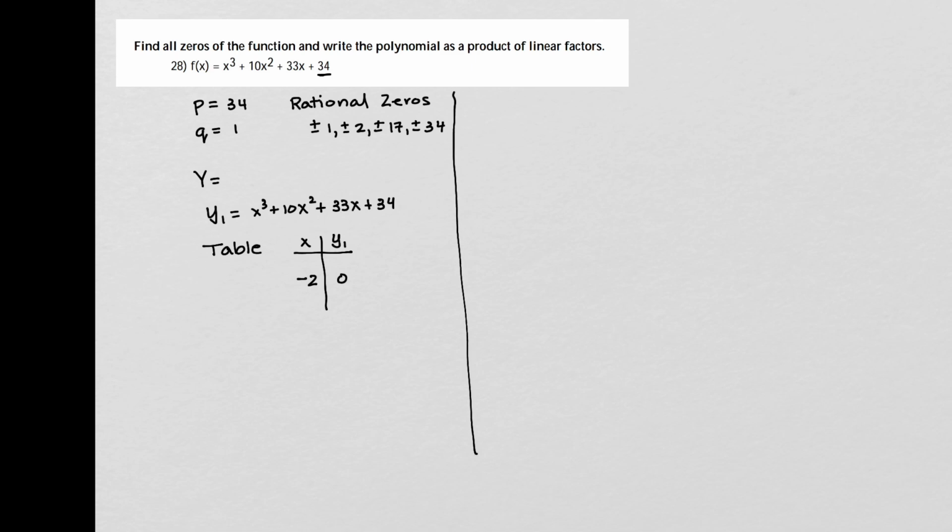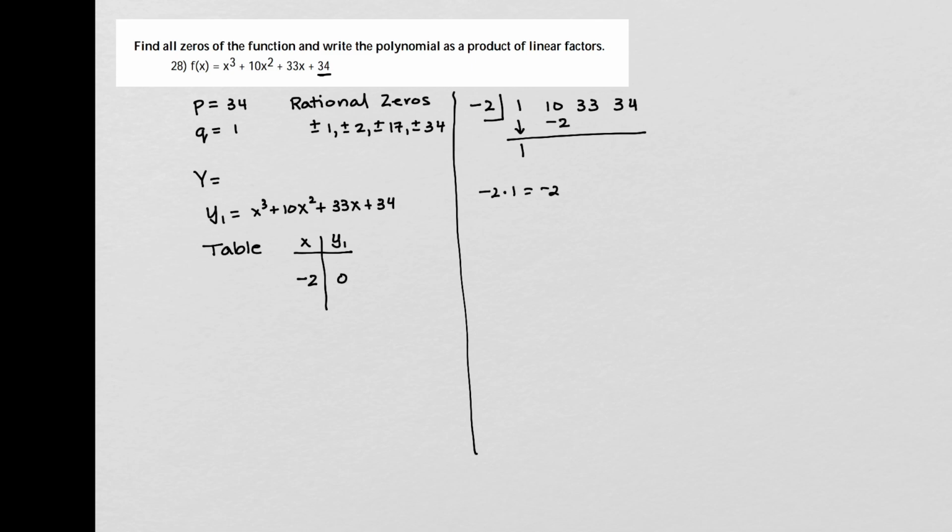Okay, so what do I do with that -2? Well, I can use synthetic division in order to factor this function. So the 1 comes straight down, and we have 1. Now I'm going to multiply -2 times 1, gives me -2, and that's what I put here.